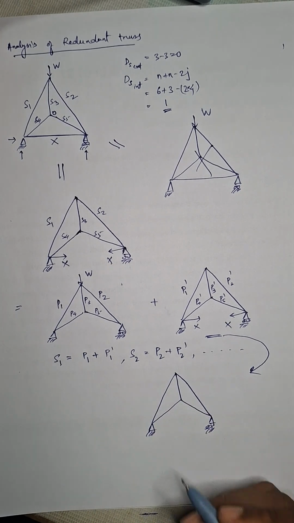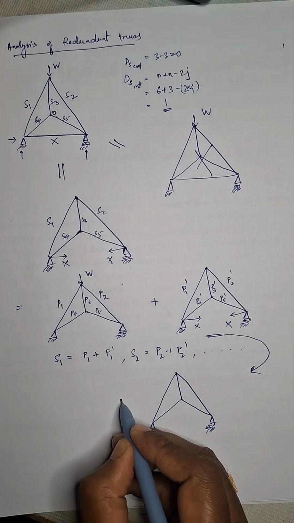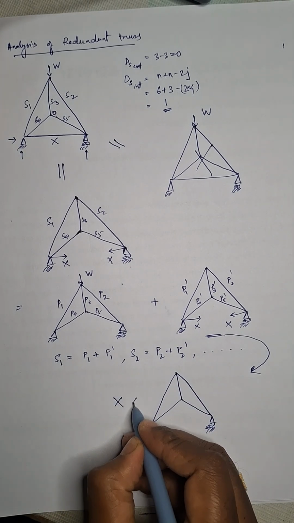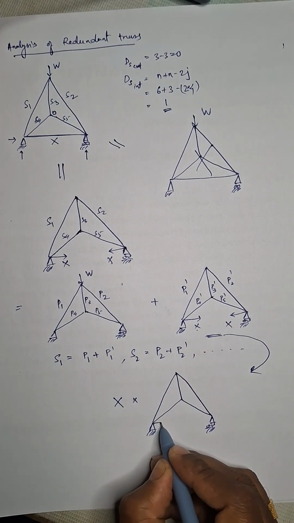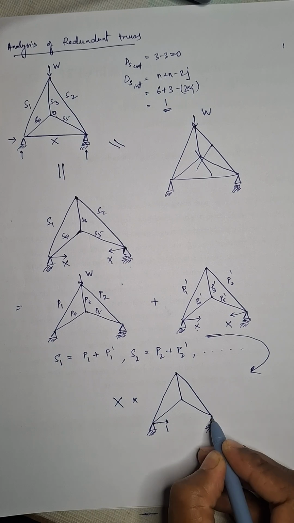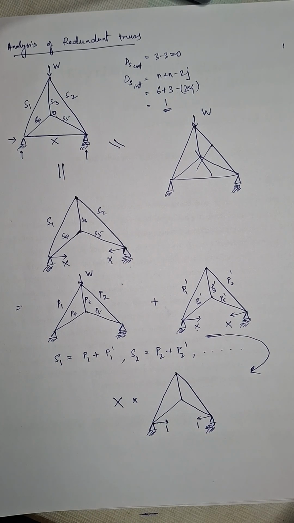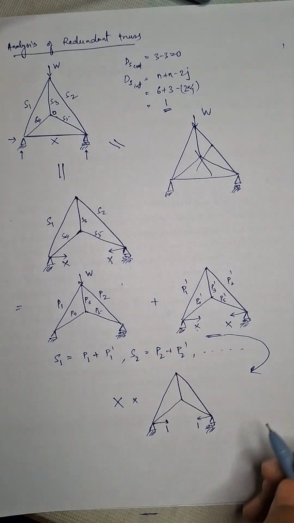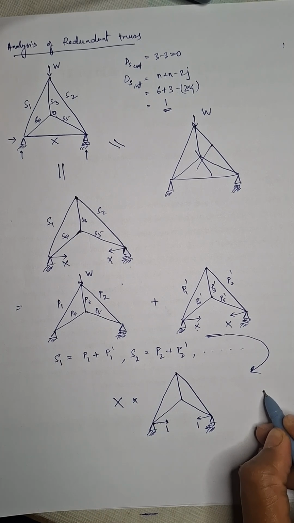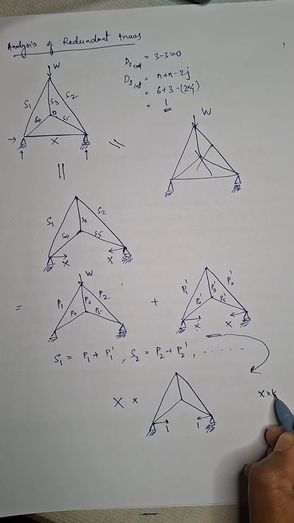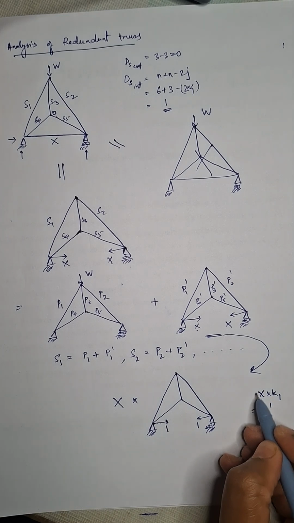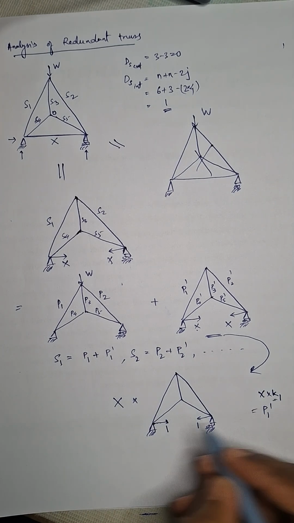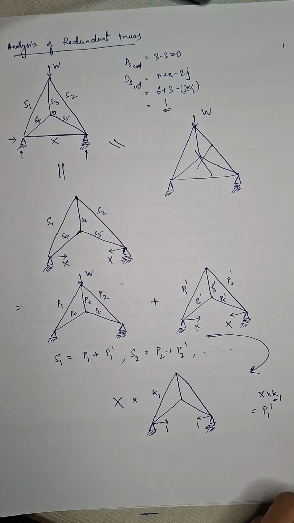If I take common X, so X is taken common into, there will be a value. If I take X common from here, the remaining part is 1 here and the remaining part is 1 here. Similarly, X into K1 is equals to P1 dash. I am taking X common, so remaining term is K1, so member force here is K1.